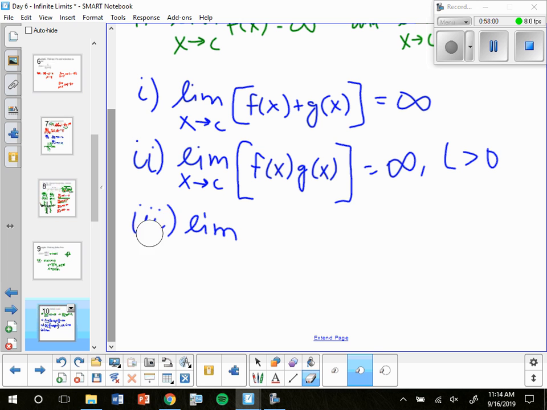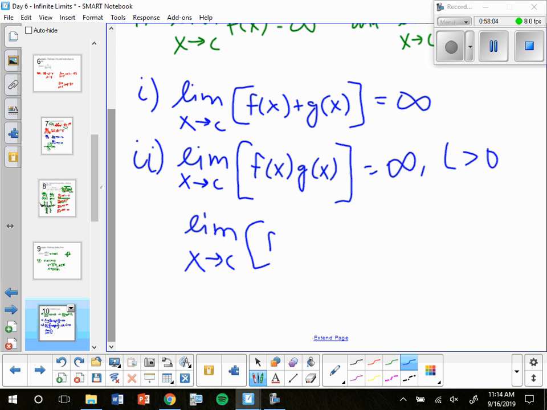And really, we should just add that on. Limit as x goes to c of f of x times g of x. It's going to go not to infinity, but to negative infinity if what? L is less than 0.